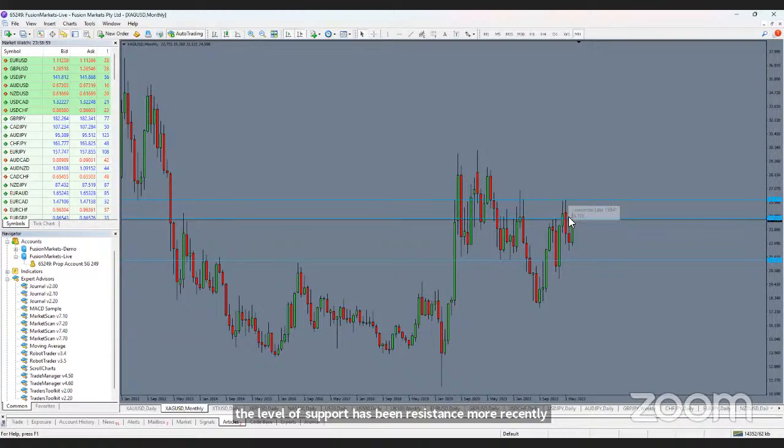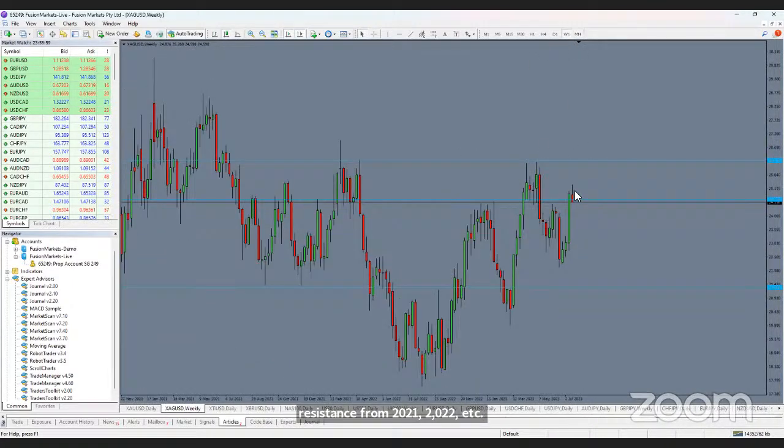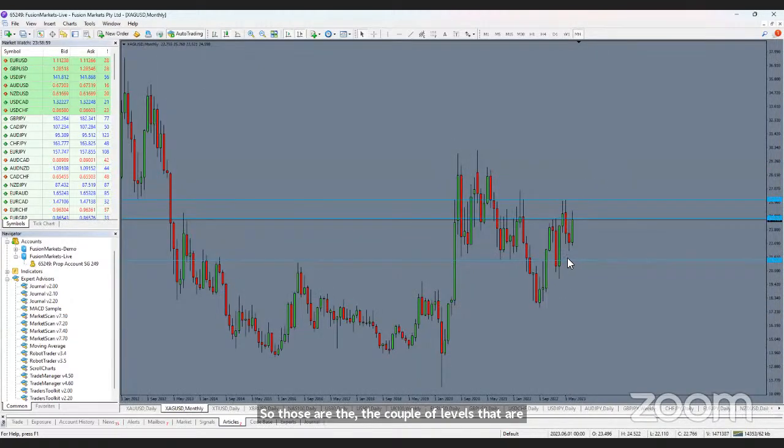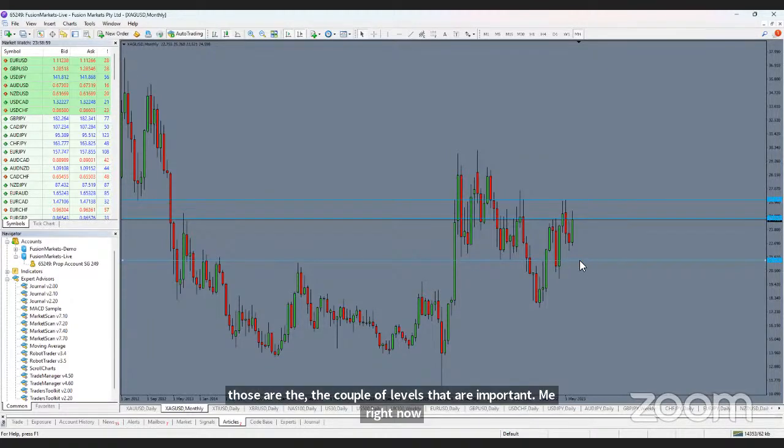There's another level here around 24.7, which has been resistance back here in 2013, and has also been resistance from 2021, 2022, etc. So those are the couple of levels that are important to me right now, as well as this lower level down here around 21.